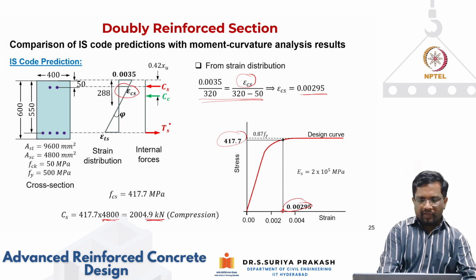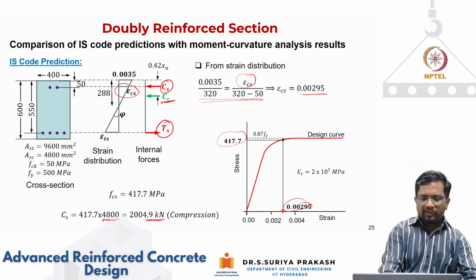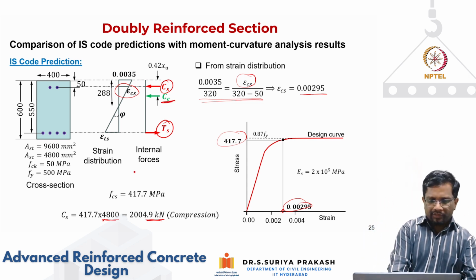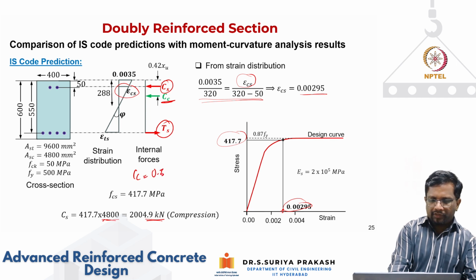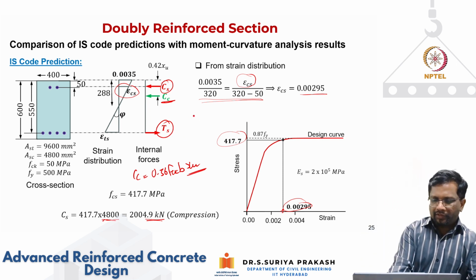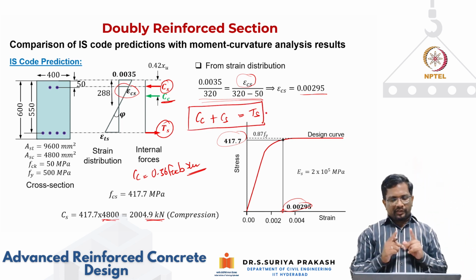Now we have calculated this and this. What is Cc? Cc is from your IS code: 0.36 fck b times xu. Xu I have assumed. Now how do you satisfy the equilibrium condition? Cc plus Cs should be equal to Ts. Only then is your assumed neutral axis depth correct.